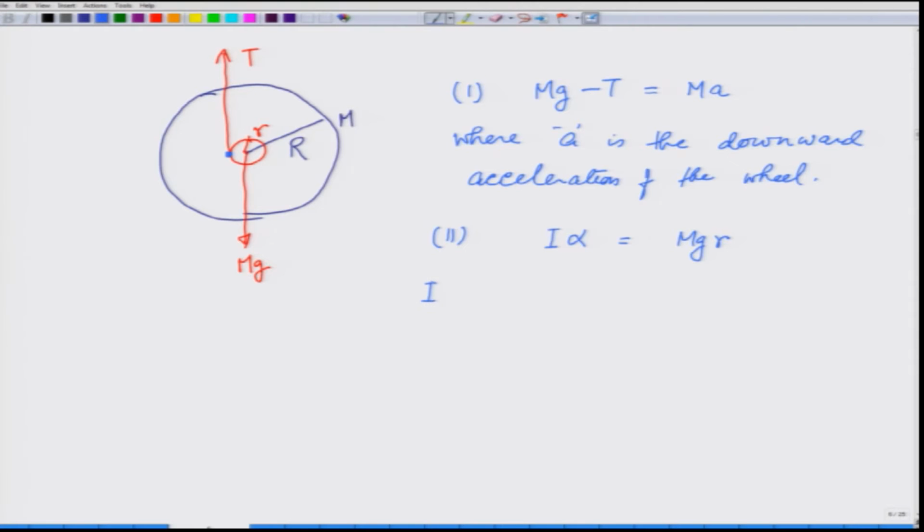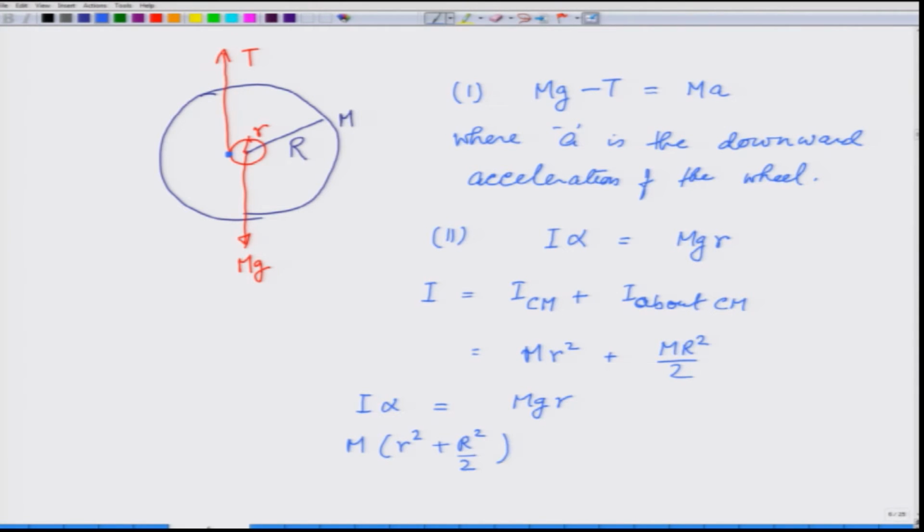Moment of inertia I, if you recall from previous lectures, is moment of inertia of the CM plus m times distance squared about the CM. So, about the CM, moment of inertia is nothing but m R square by 2, assuming all this wheel is uniform, and the other term is going to be m r square, and therefore I am going to have I alpha is equal to mgr, where I is m R square by 2 plus m r square.